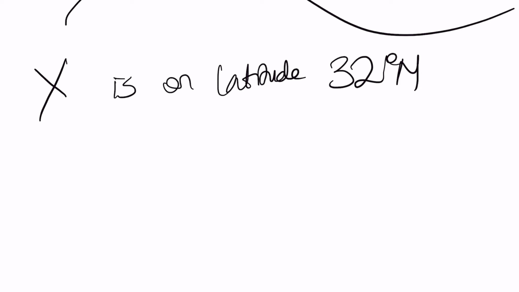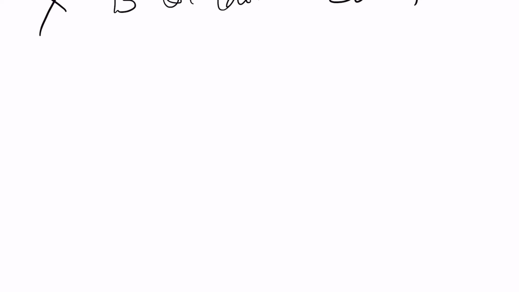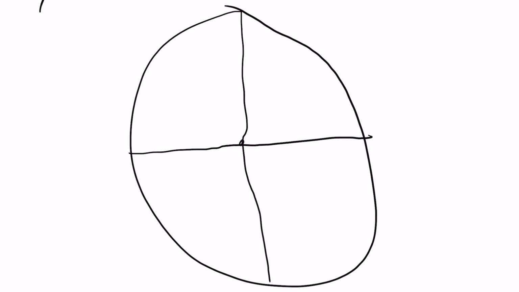So, drawing our sphere, we have our point here. My sphere is not looking like a sphere, but okay, we'll be using it like that. We have 32 degrees north, so having it at 32 degrees north, at this point, we can have it coming like this.